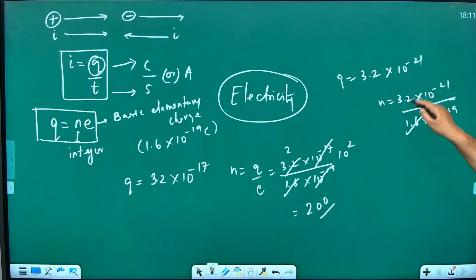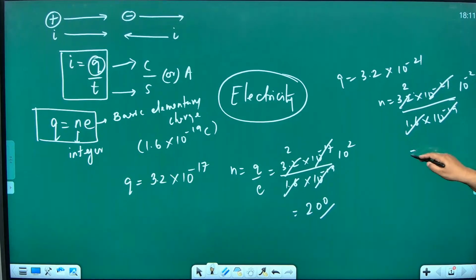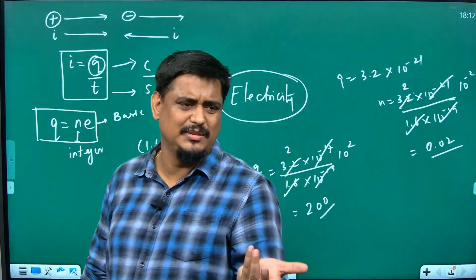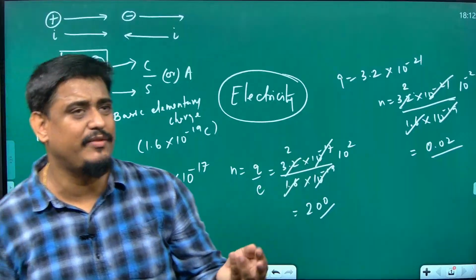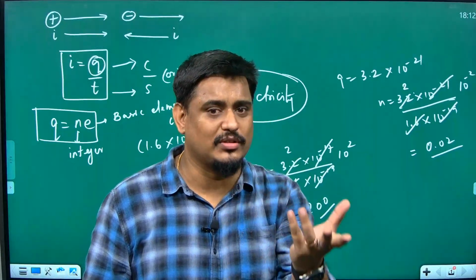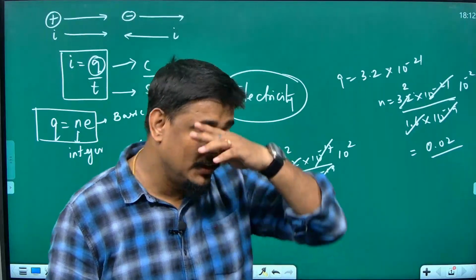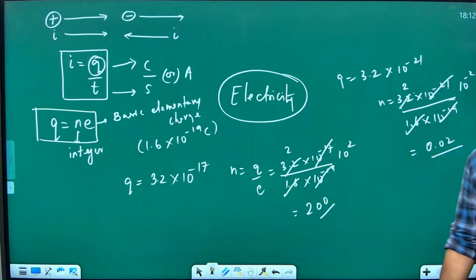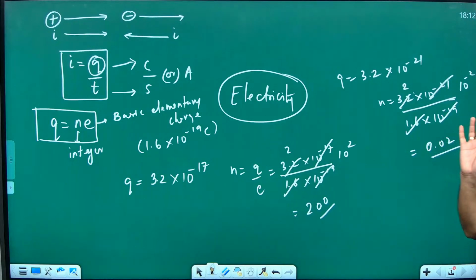When you solve this, it becomes 2 times 10 to the power minus 2, which makes it 2 by 100, 0.02. Can we have 0.02 charge? Not possible. It is meaningless to say we have 0.02 electrons or 0.02 protons. So, by checking the value of N, we can identify whether the charge is possible or not.